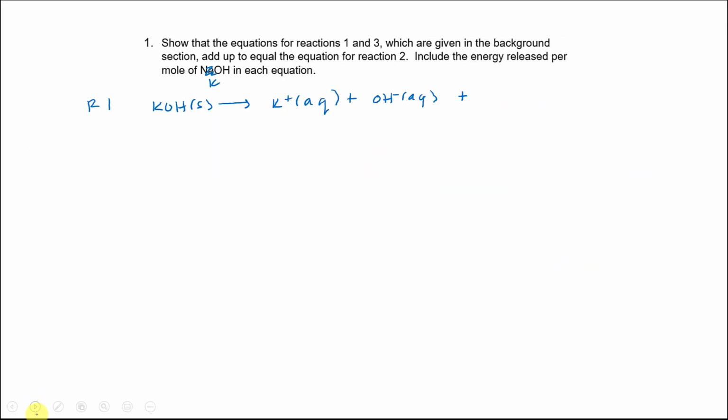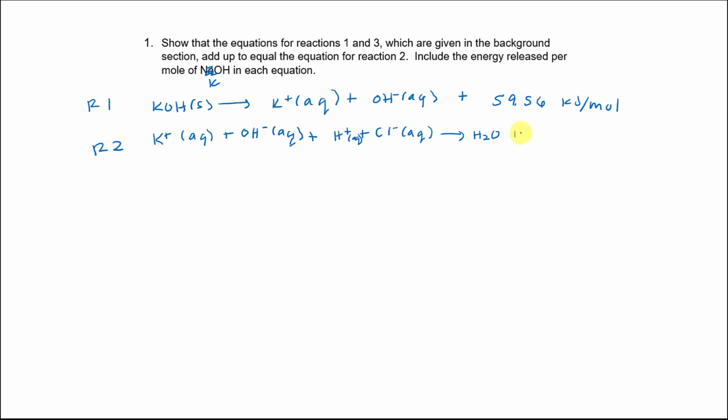All right, here we're going to show the reactions for equations 1 and 3, which have to add up to number 2 for potassium hydroxide. So for my first reaction, I had potassium hydroxide, which goes into potassium ions and OH minus ions, and the energy for that one was 59.56 kilojoules per mole. For reaction 2, I have K plus aqueous plus OH minus, sorry, this is reaction 3.